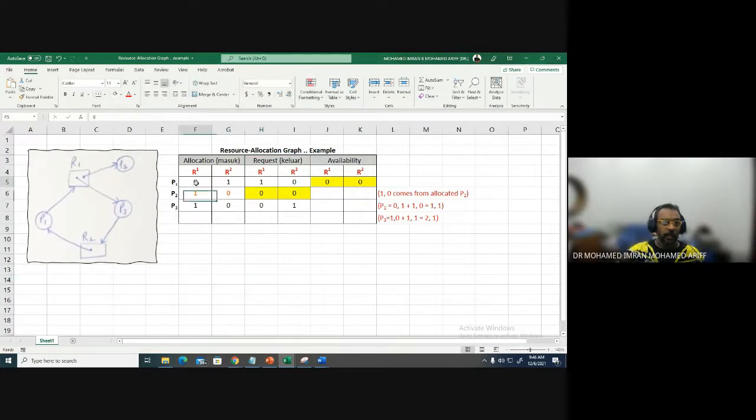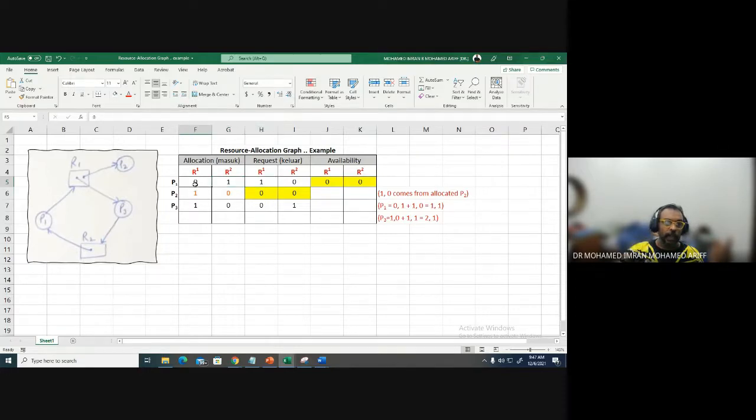Okay, so let's look at P1. Arrow masuk here, R2 masuk. So you get 1 here. Okay, and arrow keluar kepada R1. This one.